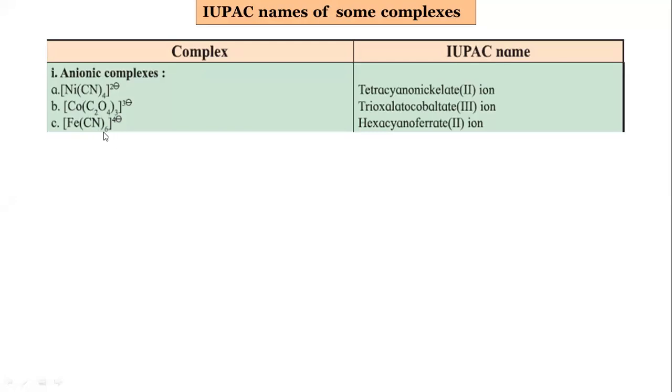So the 6 indicates 6 cyano again, hexacyano. So for the 6, we have to use this word hexa, cyano, ferrate. Why is it ferrate? Because the complex is negatively charged, so Fe will be ferrate, and in the bracket, the oxidation state is shown here with Roman II and ion.